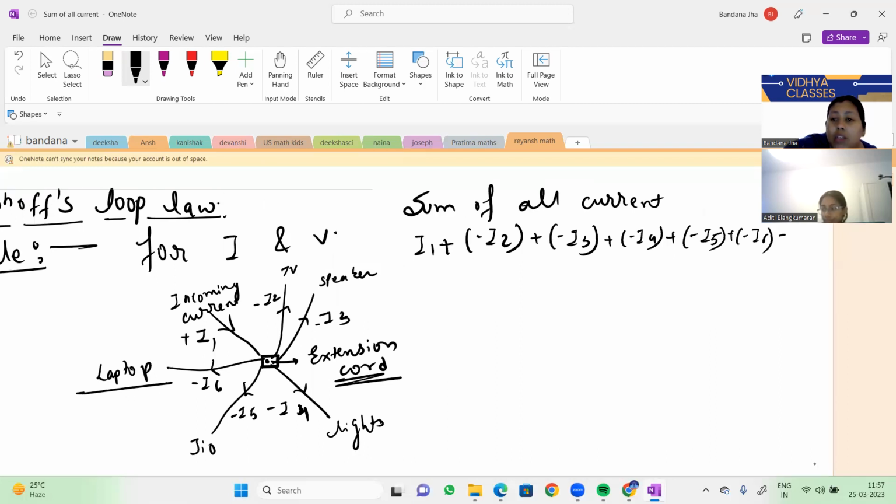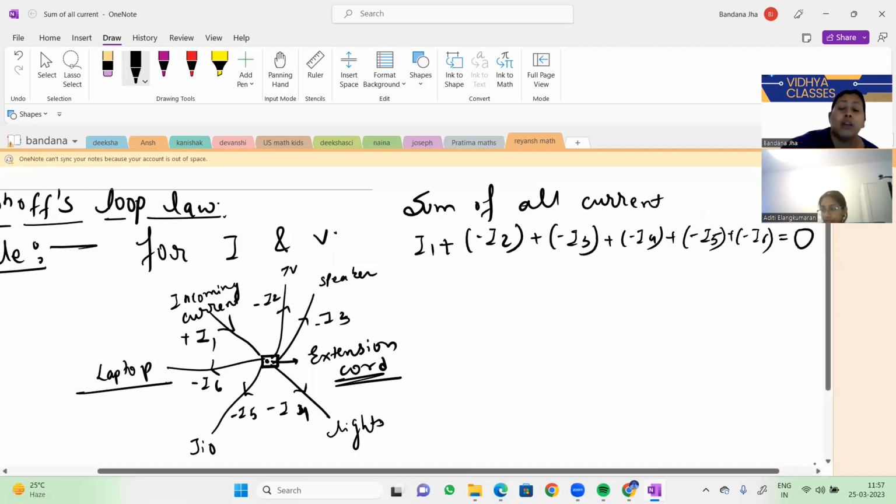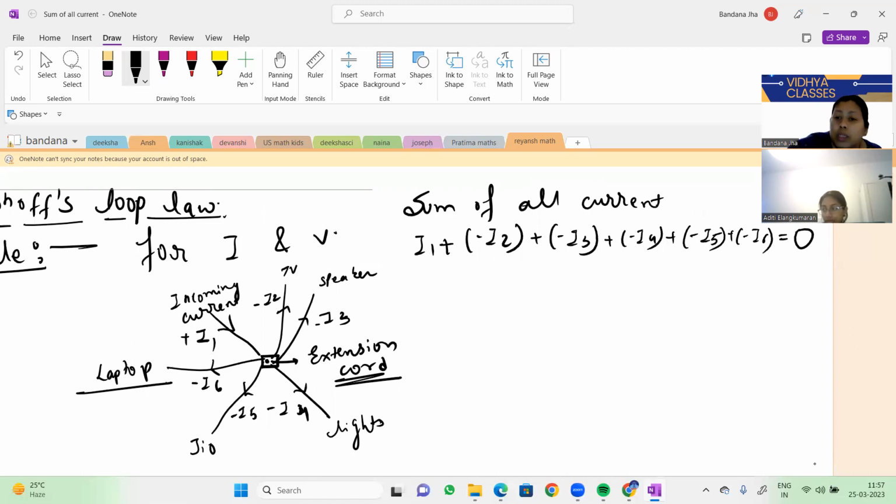The sum will always be zero, because whatever current is coming in, the same current is taken out by all the instruments.